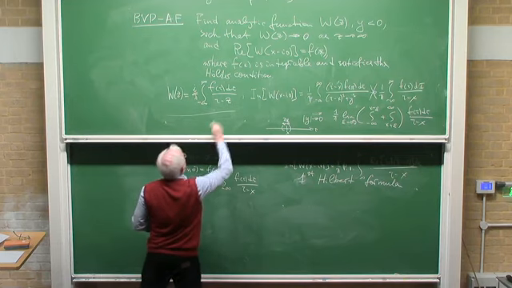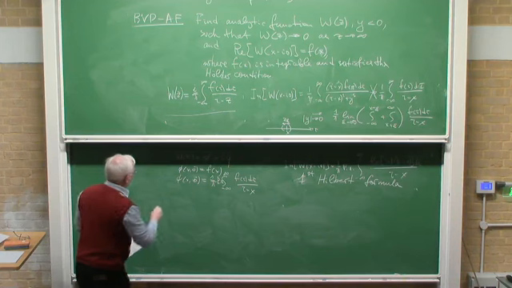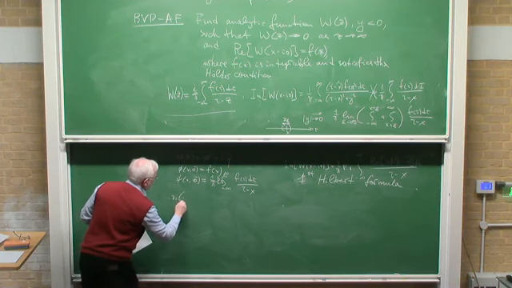We use this relation and we multiply both parts by minus pi i.